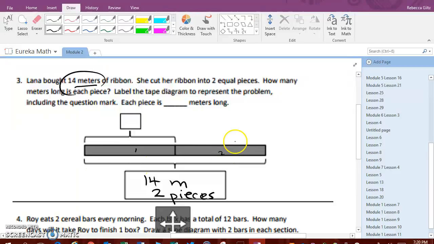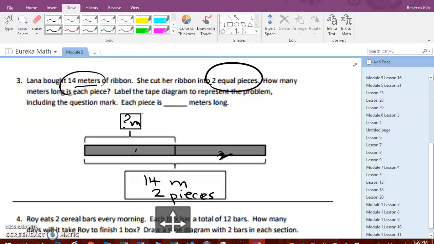This is 2, the second piece. Oh goodness, that looks like a 3. That's a 2. Okay. That's where the 2 comes from, right here. 2 equal pieces. So this is our question mark. How many meters? We want to include that unit of measure up there too. That's our label. How many meters long is each one?